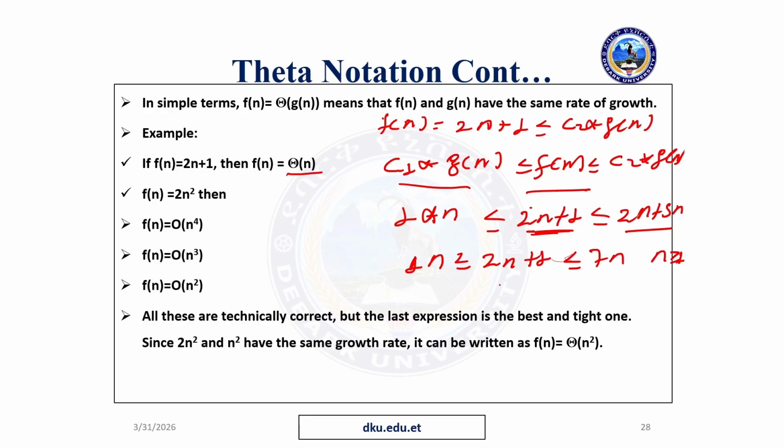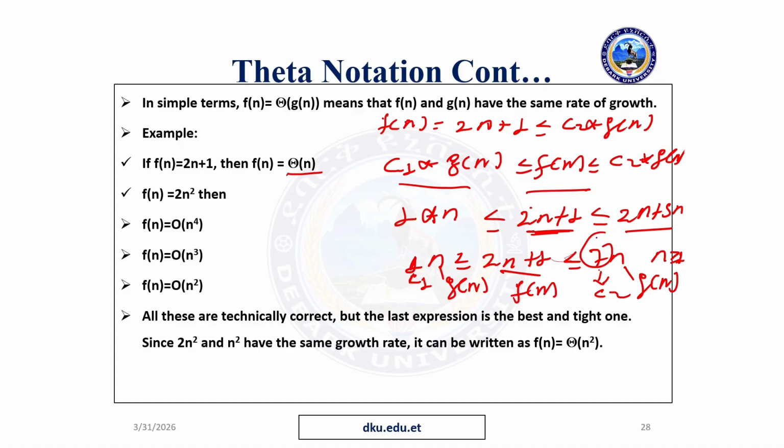So this is a possible answer. The value of c1 will be 1. This one is c1, and this can be c2. This one is c2, this one is g of n, and this one is f of n. Actually, instead of 7, we can replace it with 3 also.